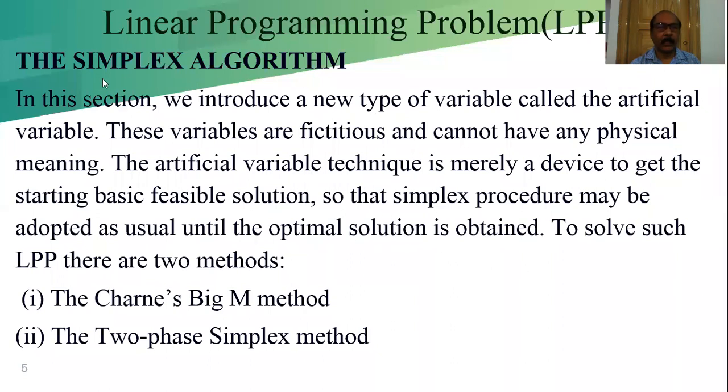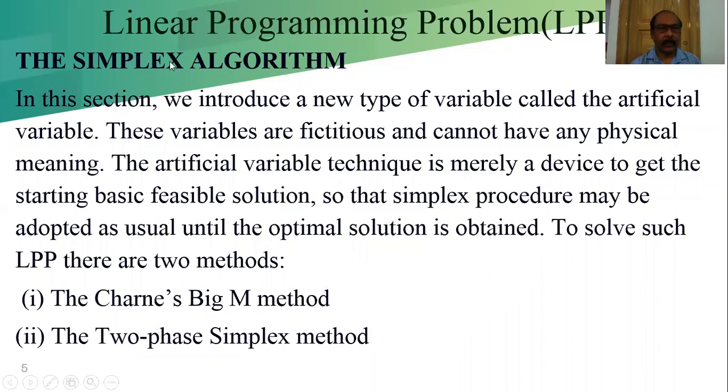This method is under the simplex method. So there are a few steps before we start the actual simplex method. What is the artificial variable and how to handle it? Before that, we have to know a few things about it.